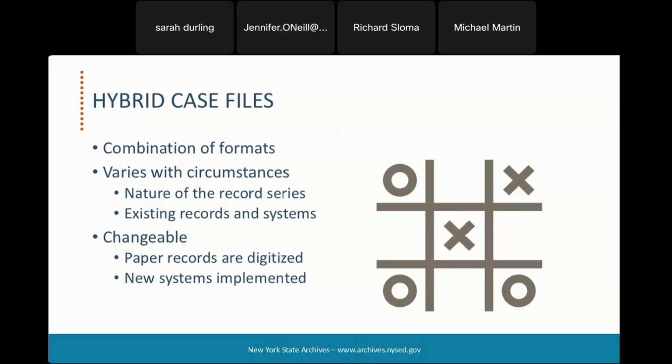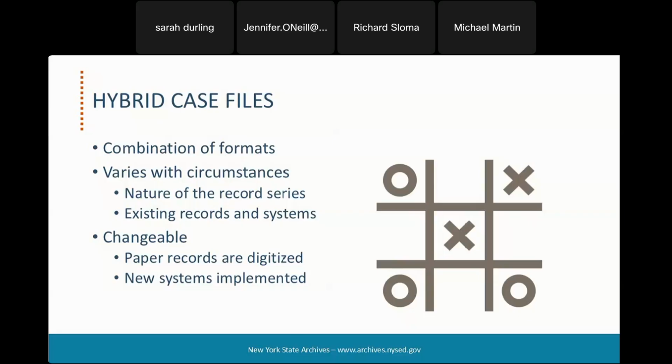Which combination you use is going to vary on your purpose. For instance, you may have case files in paper format to record the information initially, but then decide to use microfilm for storage or preservation, particularly for your inactive case files.